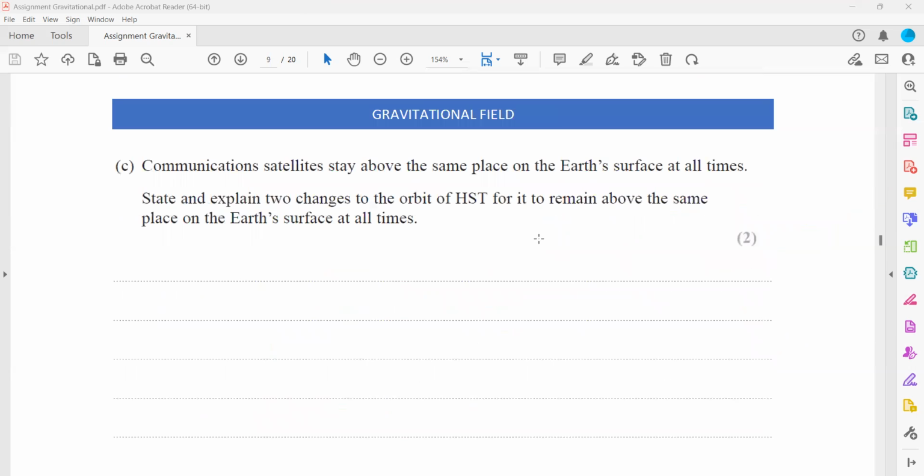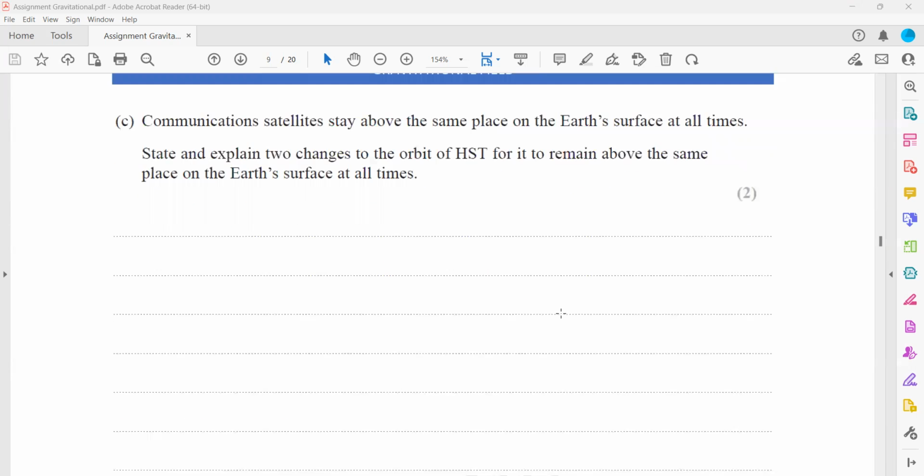A communication satellite stays above the same place on Earth at all times. State and explain two changes to the orbit of the Hubble Space Telescope for it to remain above the same place on the surface at all times.